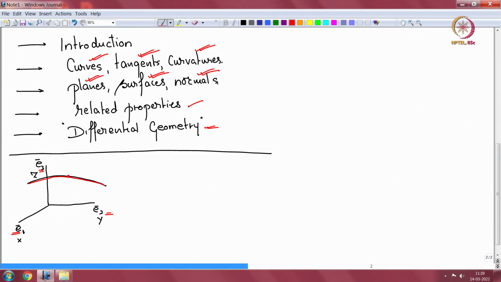Now let us say there is a point and I would like to denote the point, and let us say the curve is parametrized in terms of a real variable t.